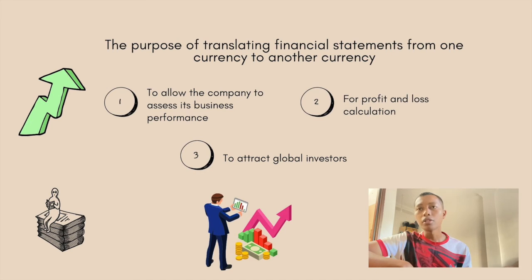This also includes the effect of the exchange rate. When we do the currency translation, of course it will affect the exchange rate, so this also will affect the calculation of profit and loss.